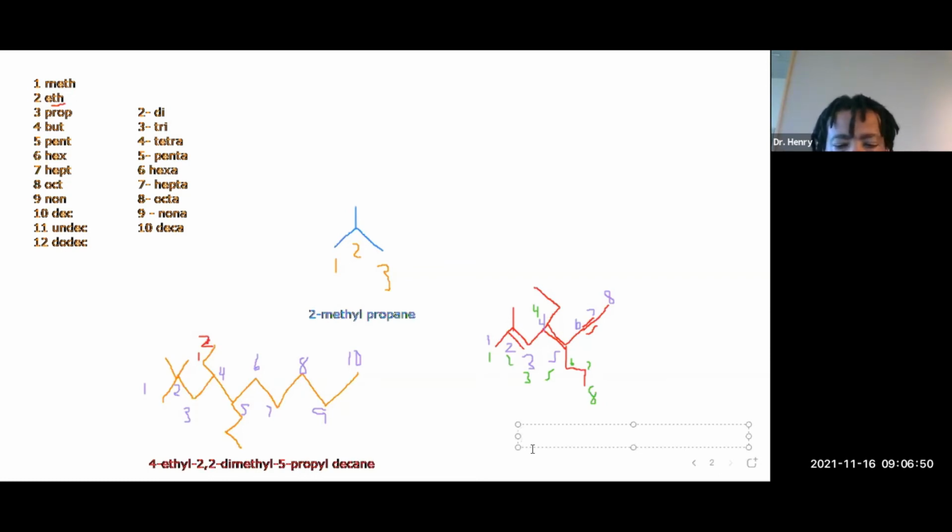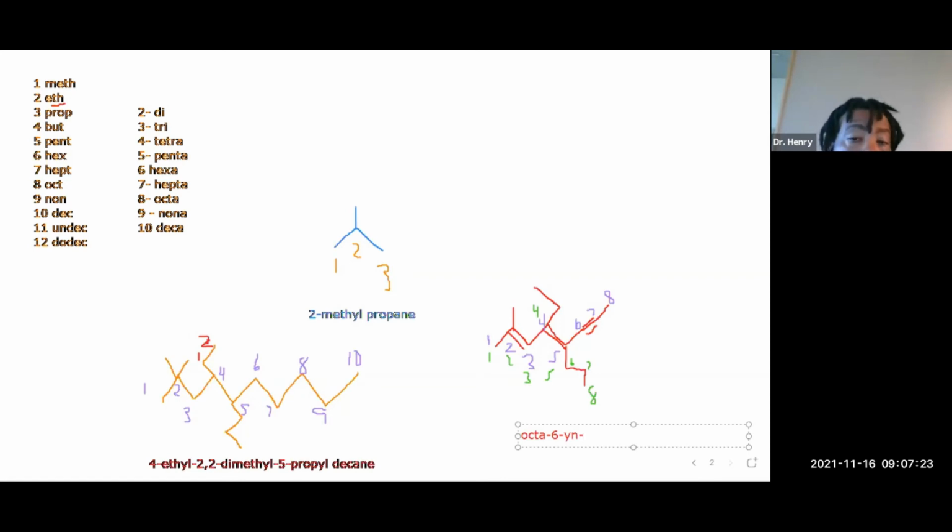So then the prefix is going to be octa. We have one triple bond located on the 6th carbon, so it'll be 6-yn.